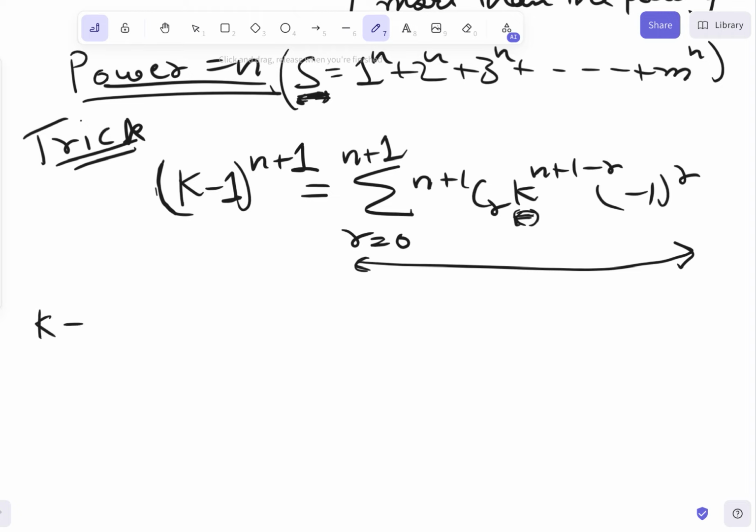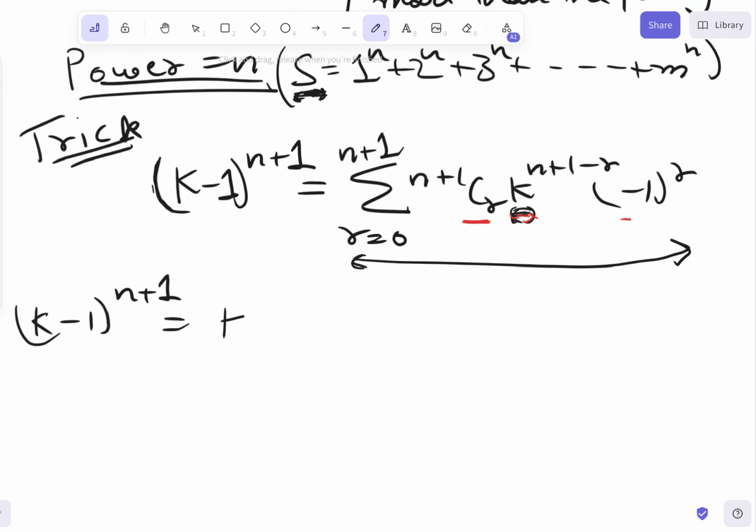So k minus 1 to the power n plus 1 equals to, let's see the first term here. So the first term r equals to 0, so this term will become n plus 1 c 0, which will be 1. This term will become k power n plus 1 minus 0, which will be k power n plus 1, and this term will be 1. So the first term here will be k power n plus 1.